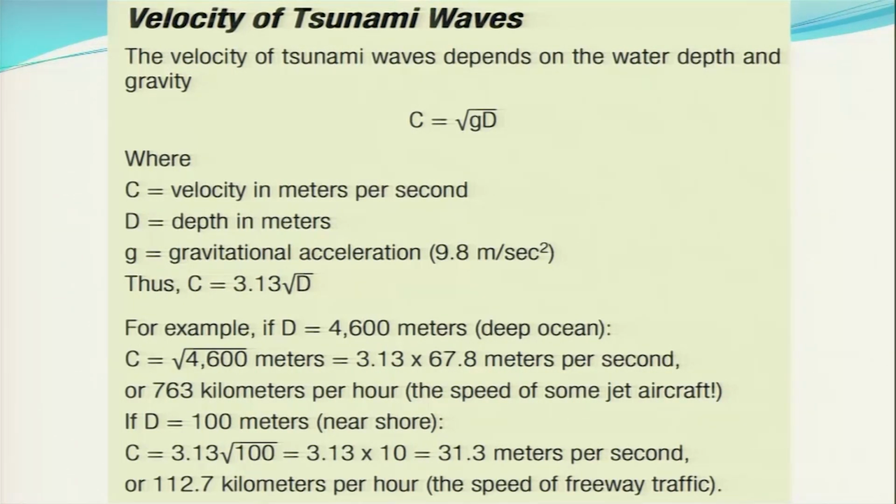This is for the velocity of the tsunami waves. The velocity of the tsunami waves depends upon the water depth as well as the gravity, where c is the velocity in meters per second, d is the depth of the water column, and g is again the gravitational acceleration.